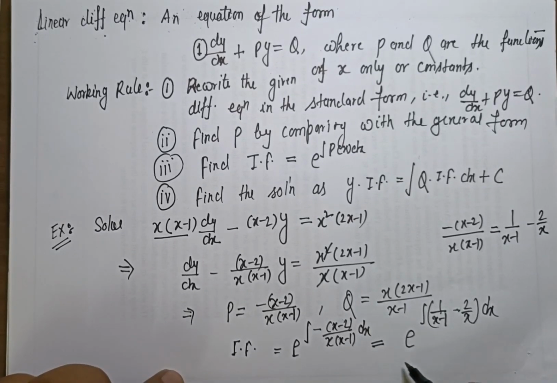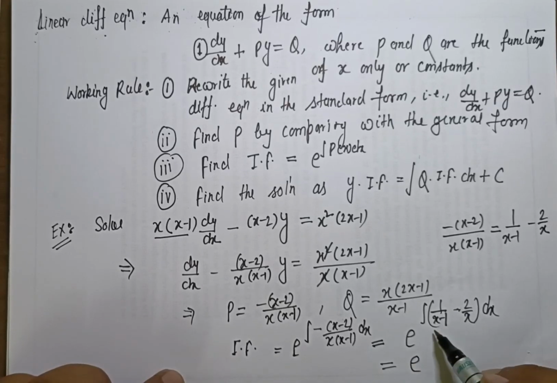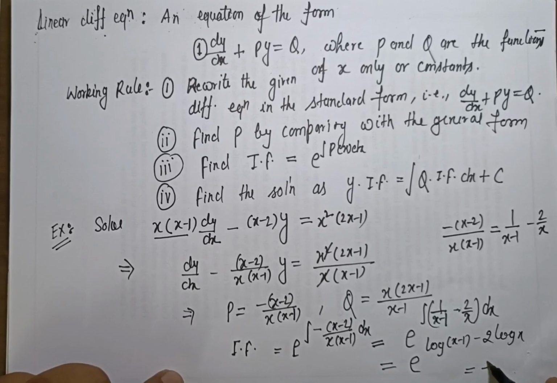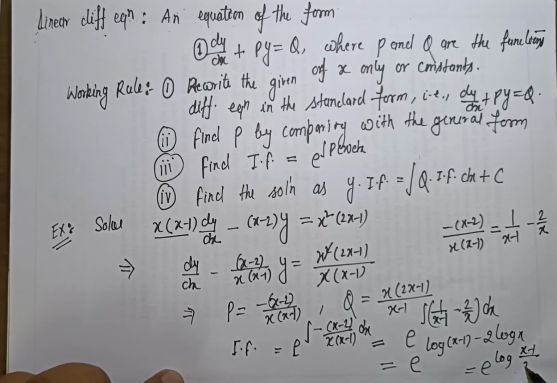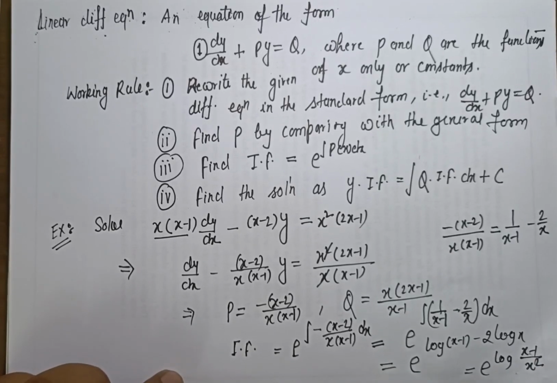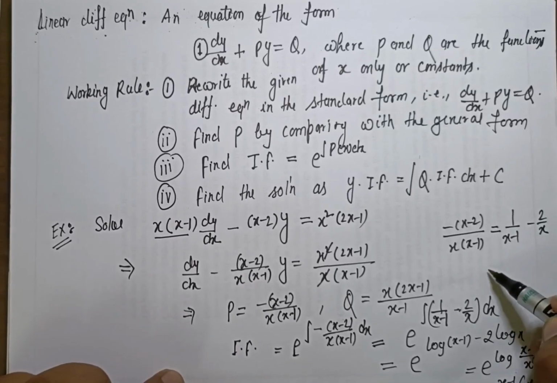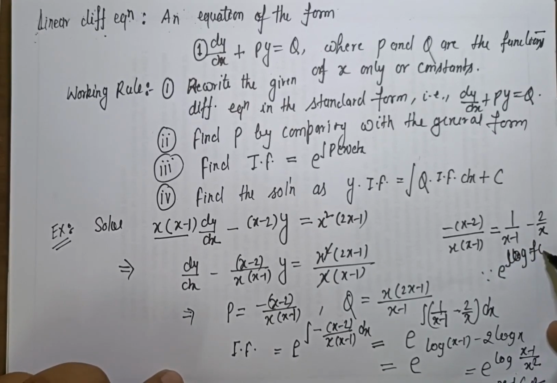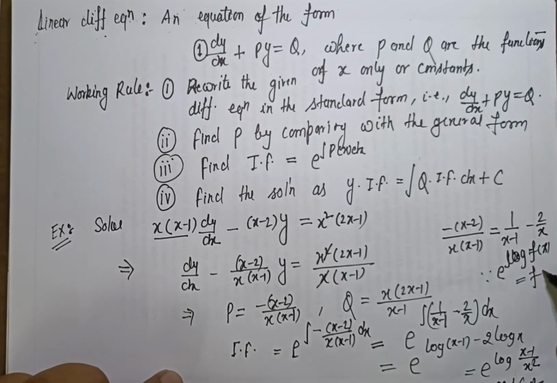Then the integration gives e to the power log(x minus 1) minus 2 log x, which we can write as e to the power log of (x minus 1) divided by x square, and obviously the integrating factor is (x minus 1) upon x square, because e to the power log f of x is nothing but f of x.